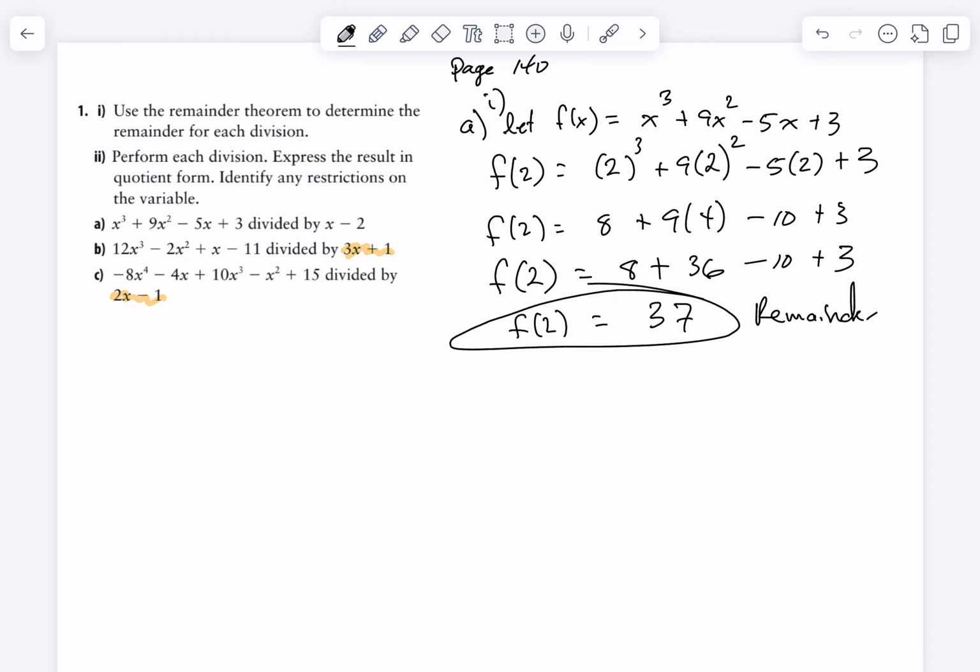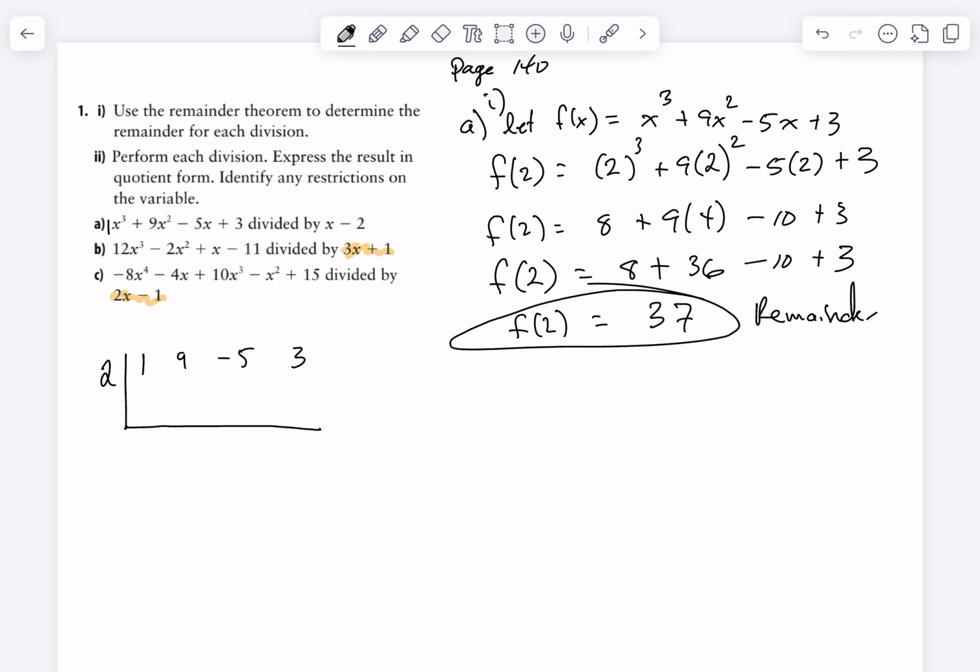So I'm going to do the first one as synthetic. What synthetic says is I can take the thing we're looking for the remainder of, in this case 2, and synthetically divide it in, using the coefficients in front of each of the terms within the polynomial. So 1, 9, negative 5, and positive 3.